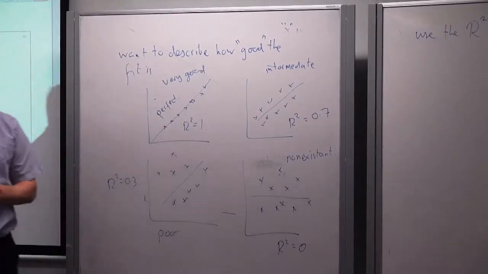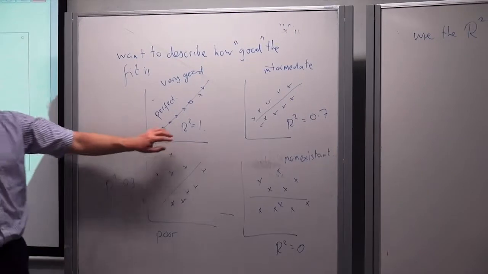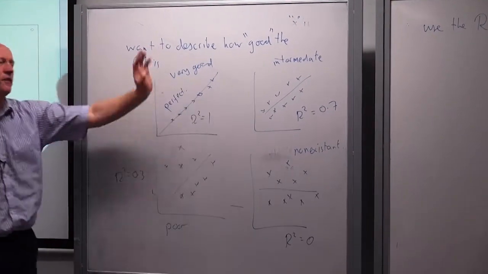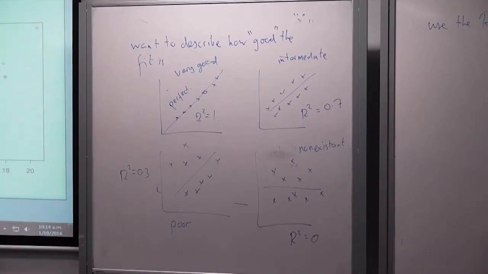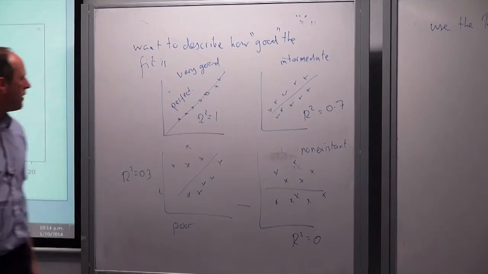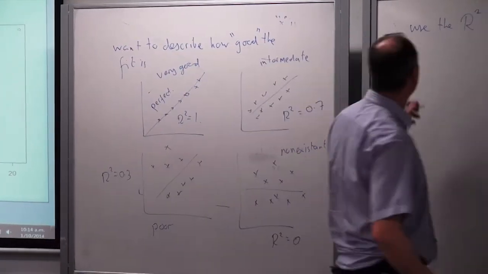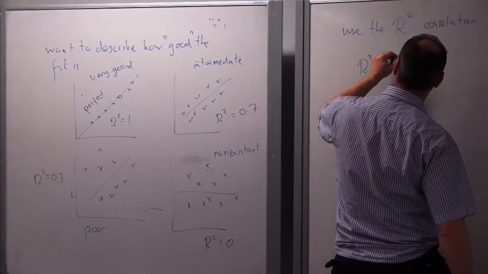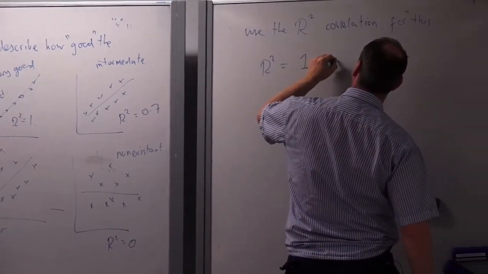So we have different correlation coefficients. I'm not going to define it. It's in terms of the ratio of the unexplained variance to the explained variance, but mathematically, it's a bit of a nightmare. R squared equals 1 for perfect correlation.